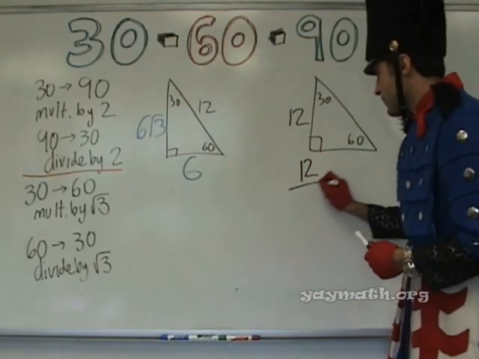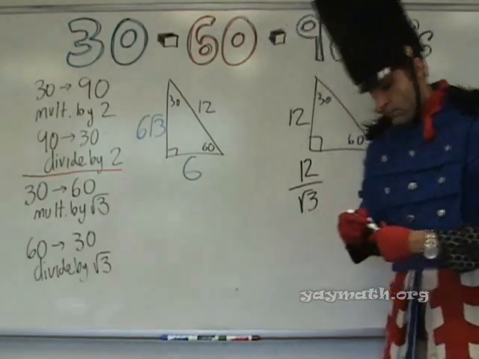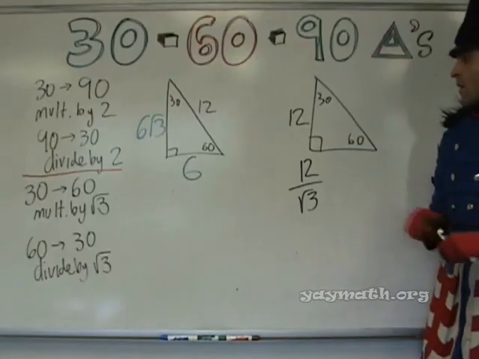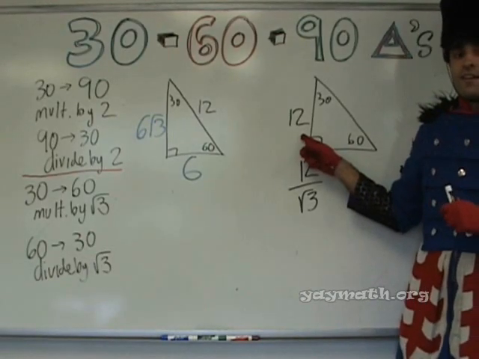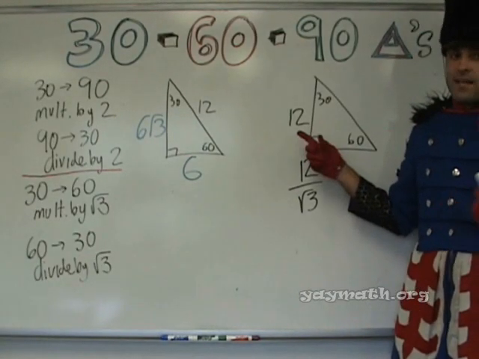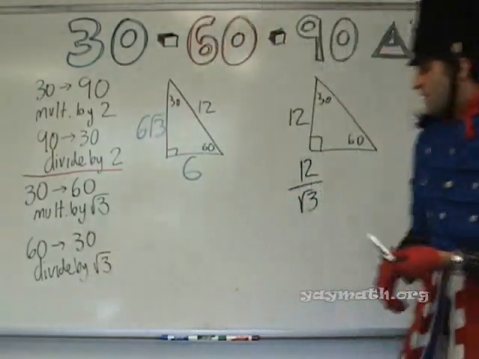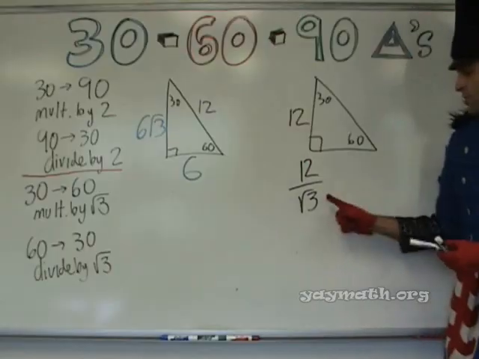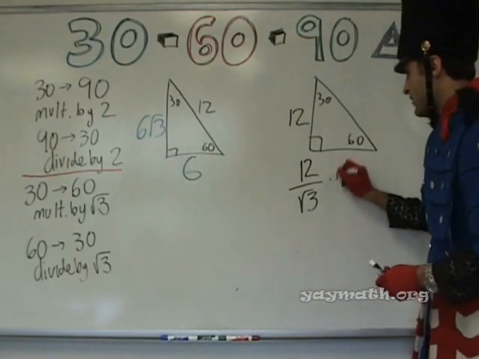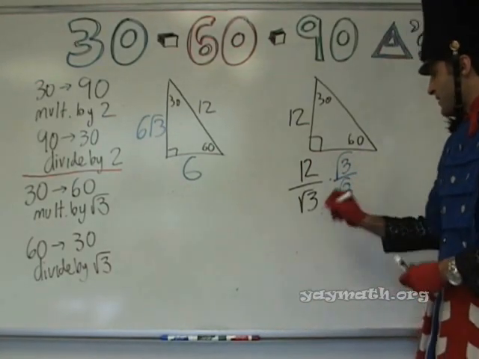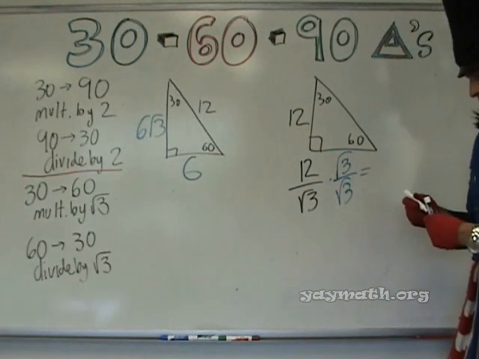But on the 60 side, isn't it 12 root 3? It doesn't have to be. That was asked before. Sometimes it's not there, but the relationships are always the same. So we went from 60 to 30, we divided by root 3. Let's rationalize.